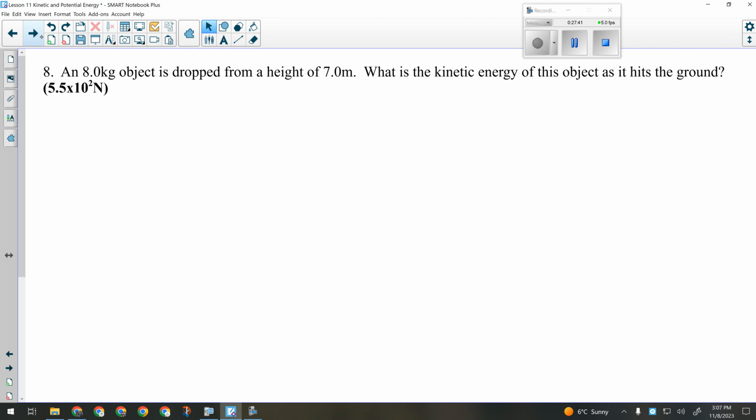All right, this one is going to lead us into what we're going to talk about tomorrow. Okay? So I drop an 8-kilogram object from a height of 7 meters. What is the kinetic energy of the object as it hits the ground? If I drop something, what's the only force acting?